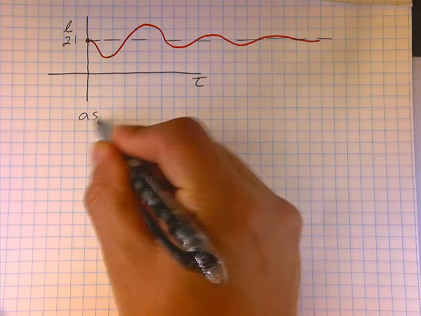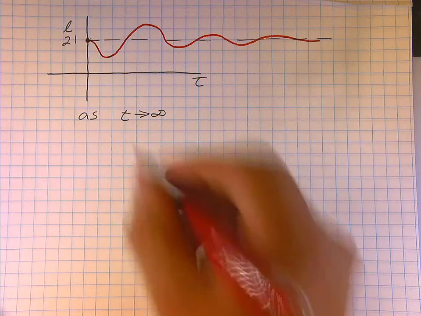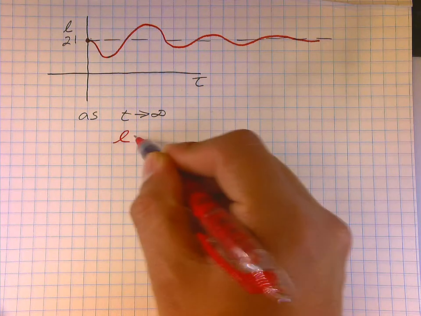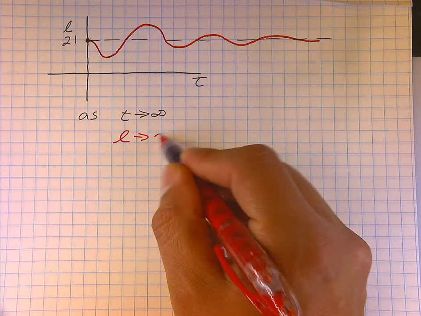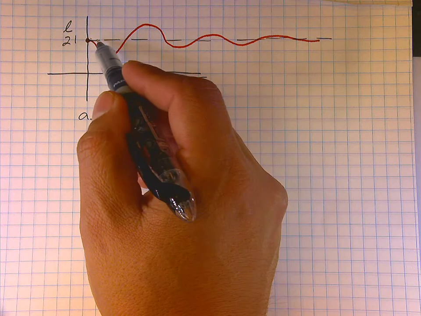So, we can say that as time moves forward, the length of the shock is approaching 21. Notice, it goes from shorter to longer to shorter to longer, back and forth, oscillating.